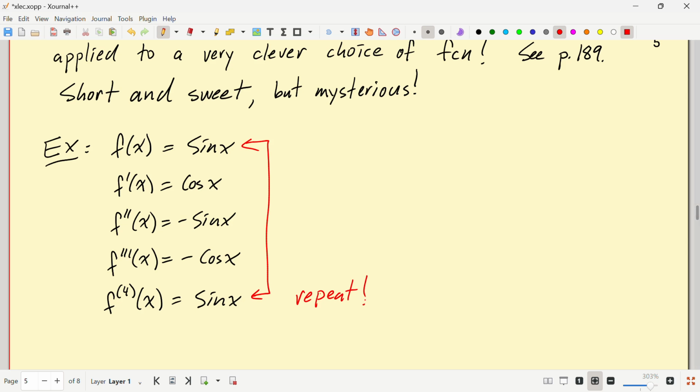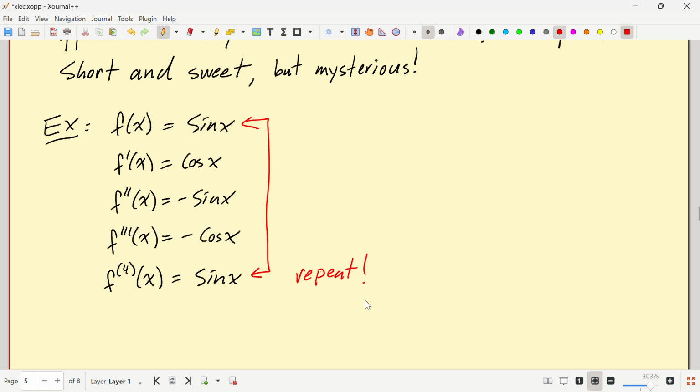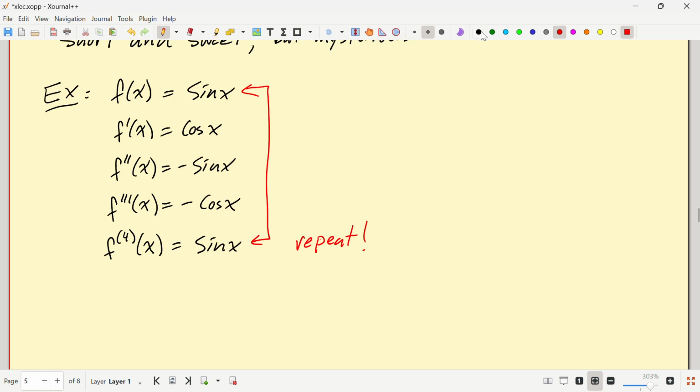Okay, and sines and cosines are all bounded by 1. It's an important thing. Sine and cosine are all bounded by 1.